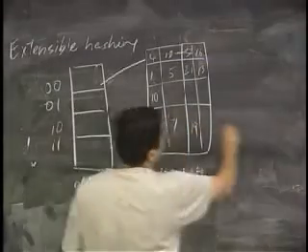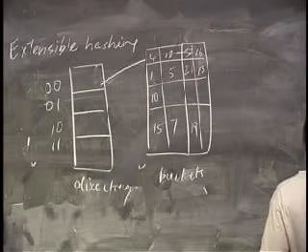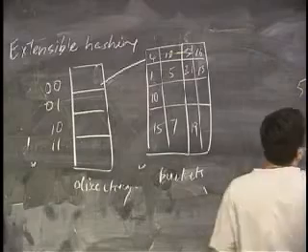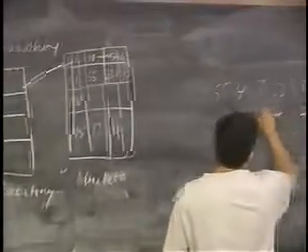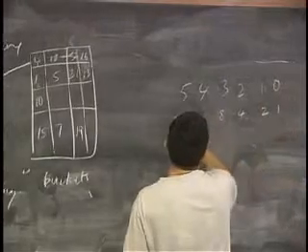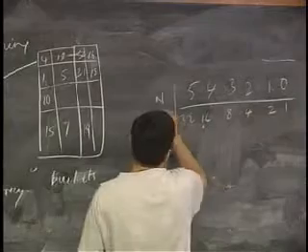Let me write this also: 0, 1, 2, 3, 4, 5, and 1, 2, 4, 8, 16, 32. So this is n, and this is 2 to the power n.